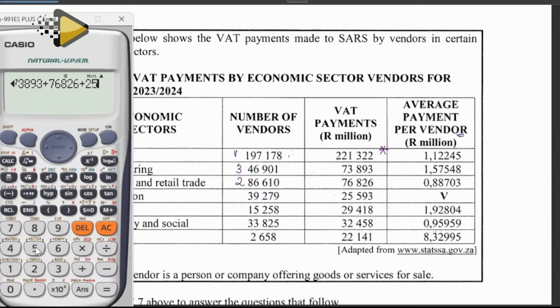Then we have 25593, then 32456, 458 plus 22141, and you press equals. Okay, so we've got that answer there.